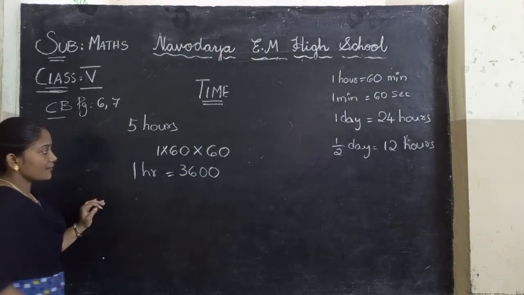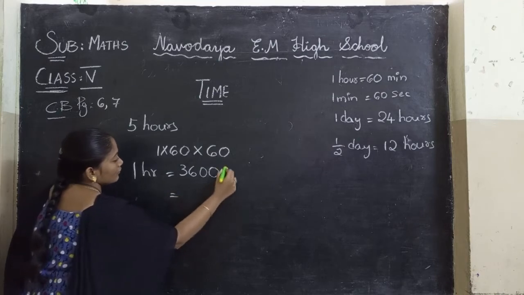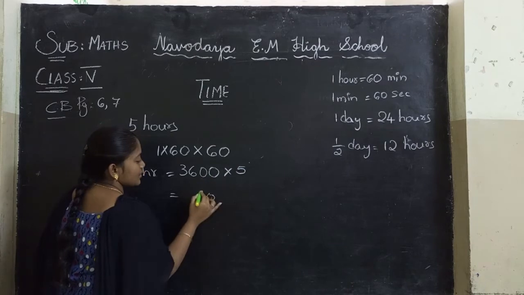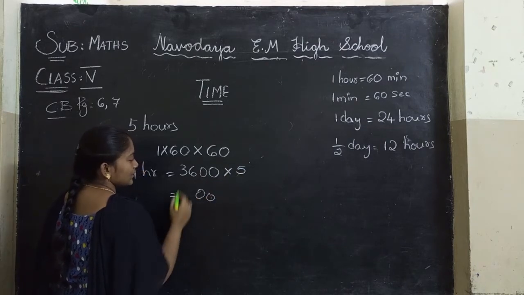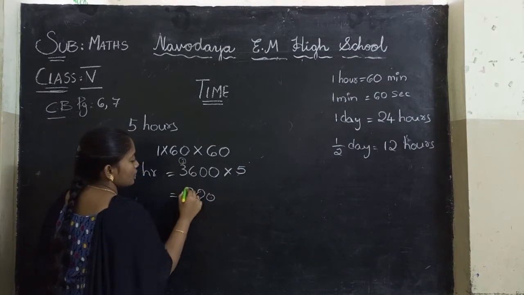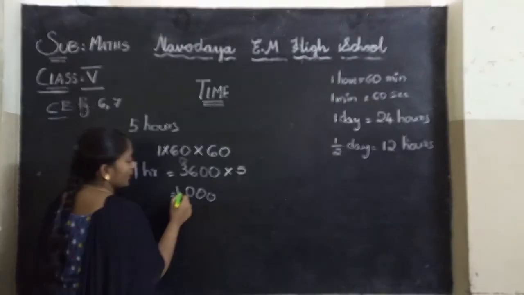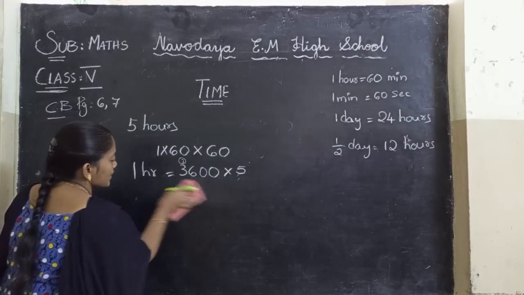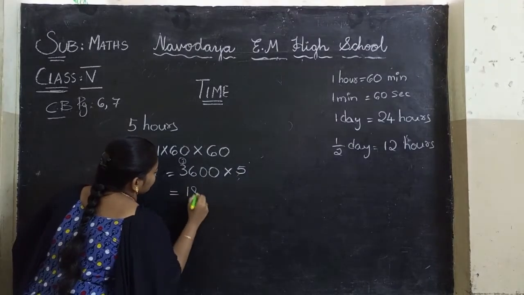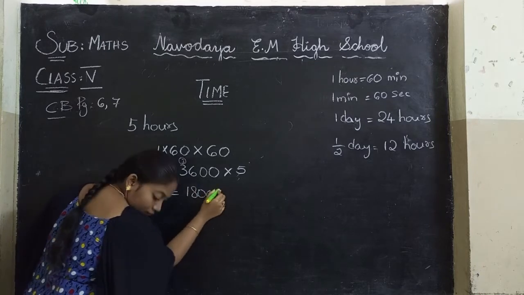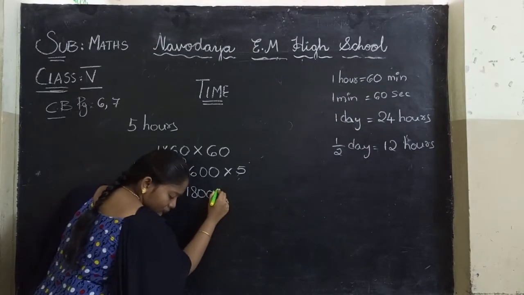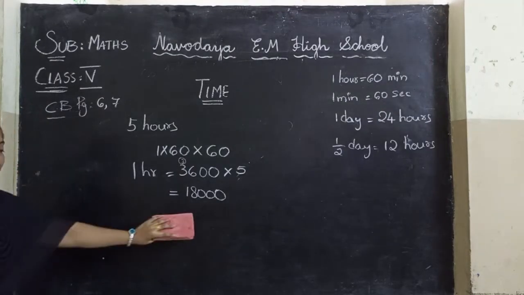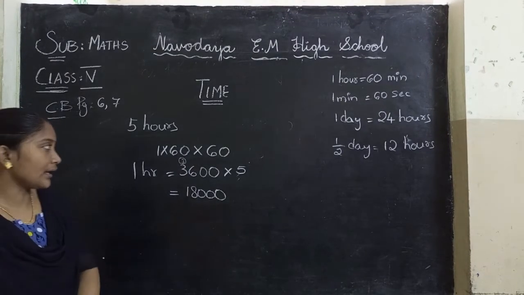For 5 hours, we multiply by 5. 5 zeros are 0, 5 zeros are 0, 5 6s are 30, 3 carry, 5 3s are 15 plus 3, it is 18. 18,000 seconds for 5 hours.